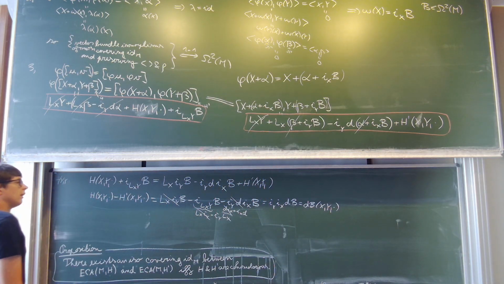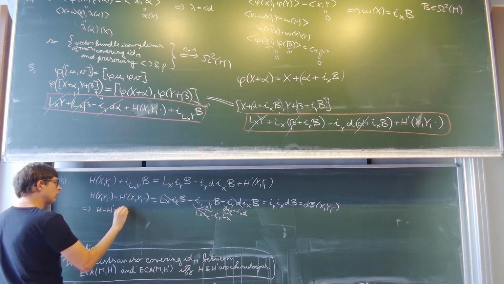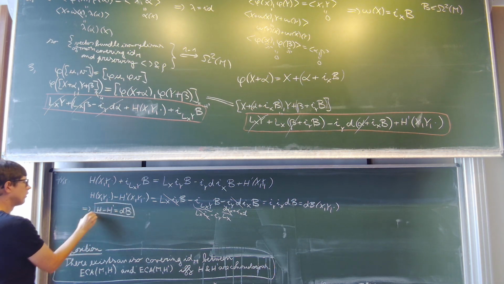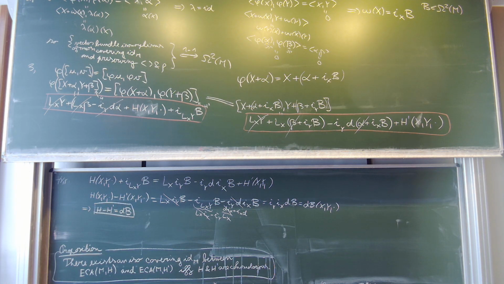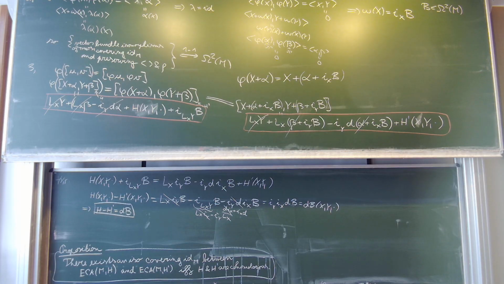Okay, so we see that this is the condition. If you have an isomorphism between Courant algebroids of this type with H and the one with H prime, then you can only have that if there is a two form that relates them, and it needs to relate them by this formula.